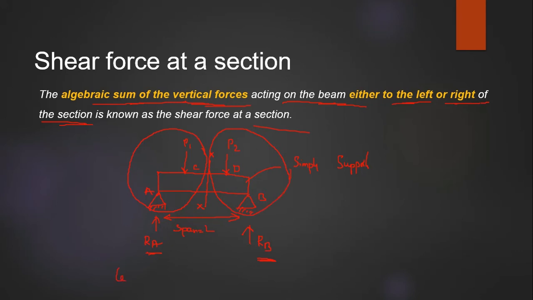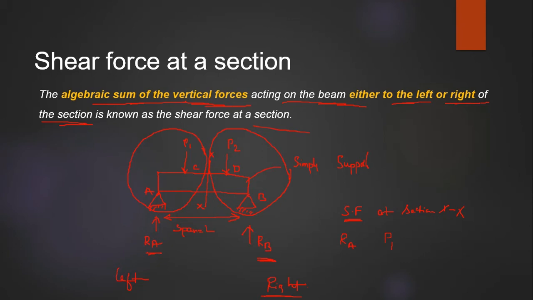So as you can see, this is left side, this is right side. So add all these forces over here. So shear force is simply denoted as SF at section XX is RA and P1.